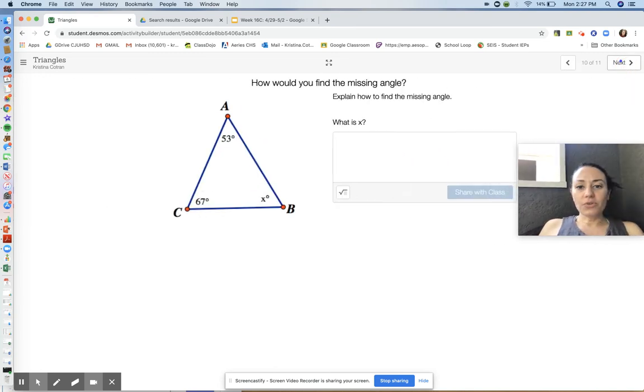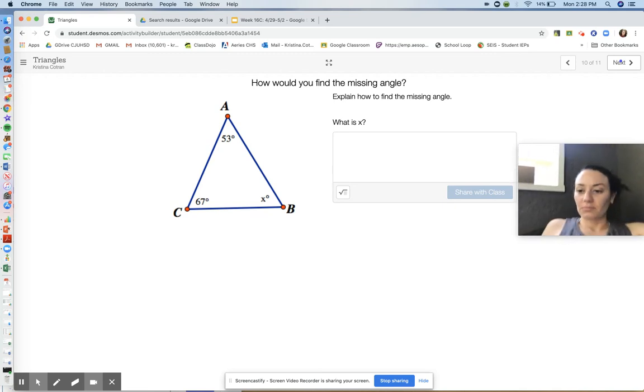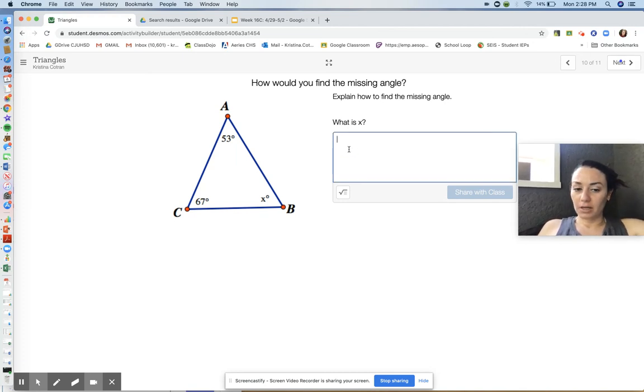Now, if you have a missing angle, how would you figure out what that is? Well, if I know that all angles in a triangle equal 180, then wouldn't you say that 53 degrees plus 67 degrees plus x equals 180?